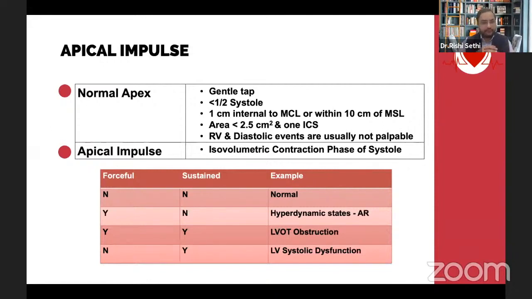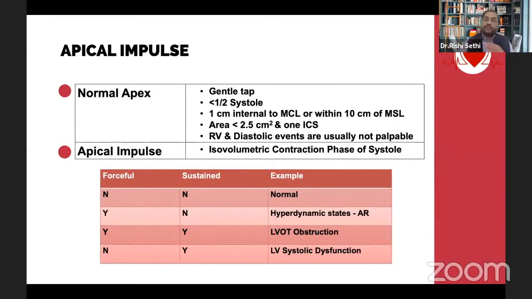If it's a forceful apex but not sustained, that's classically for hyperdynamic states, classically seen in aortic regurgitation. If the apex is both forceful and sustained, that's classical for LVOT obstruction because it is forceful because the LV is hypertrophied and contracting more powerfully.